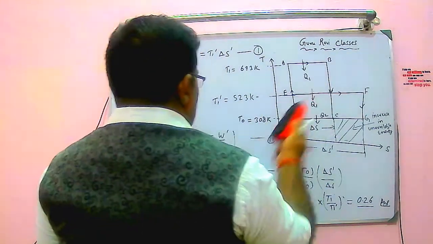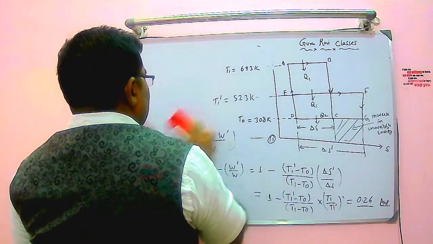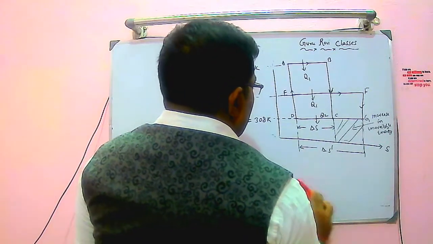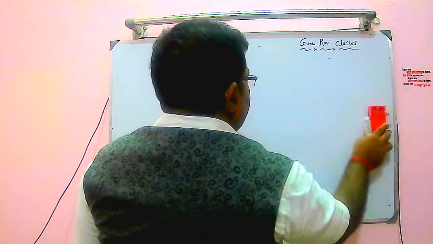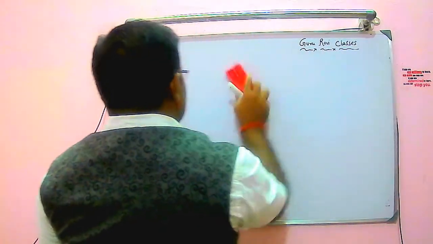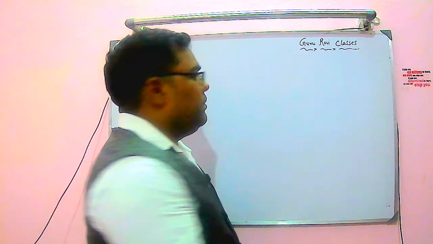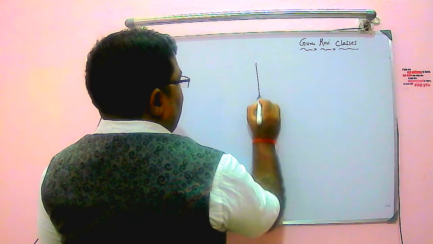So almost the process will be the same, right? Here also heat is getting supplied from the source to water, which is going to evaporate. So I will draw the process again. The second problem process is something like this.